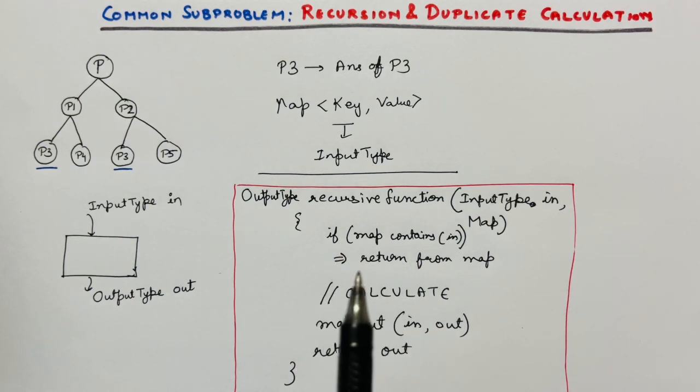If it exists, we return it directly from the map and we do not calculate. And if it does not exist, we write the whole logic of calculation. And then before returning the result for this input, we put that in the map so that if some time later again the call for this input comes, we don't have to calculate again, but we can directly return from here.